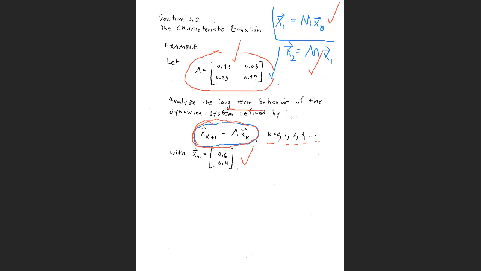Now we know from our discussion in section 4.9 where we found the steady state vector for this matrix, that the steady state vector was equal to a vector with components 0.375 and 0.625, meaning that eventually 37.5% of people will live in the city and 62.5% of people will live in the suburbs.